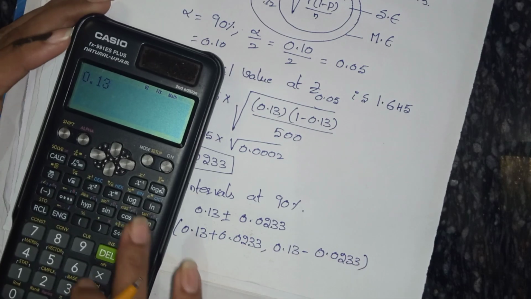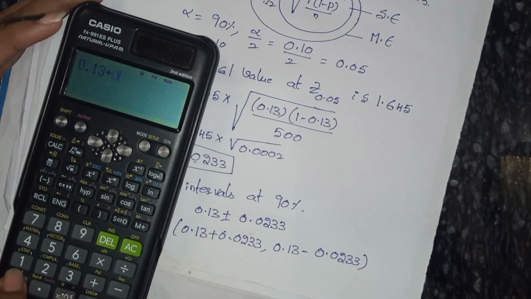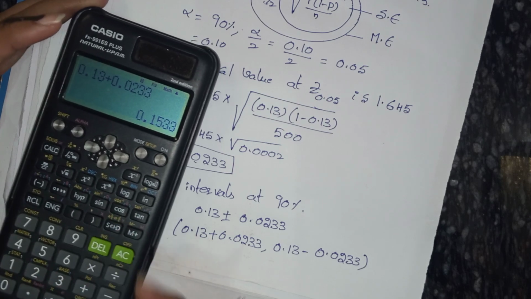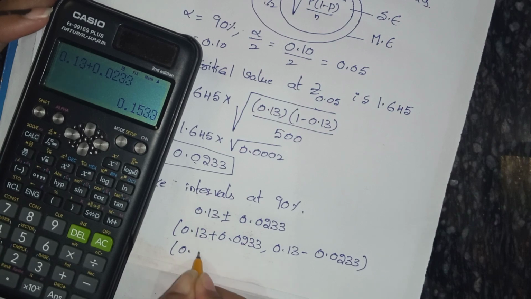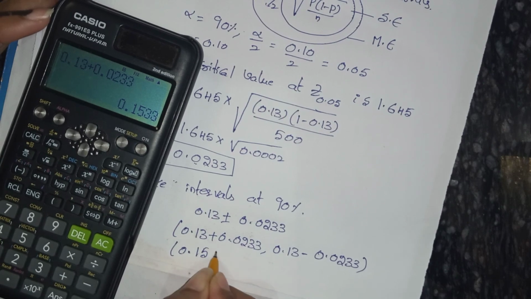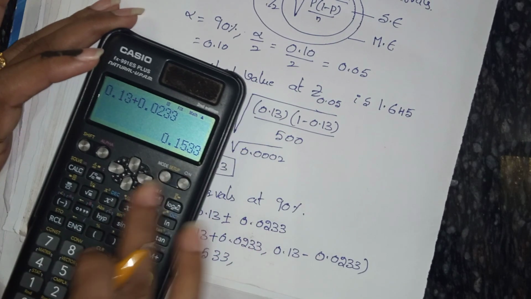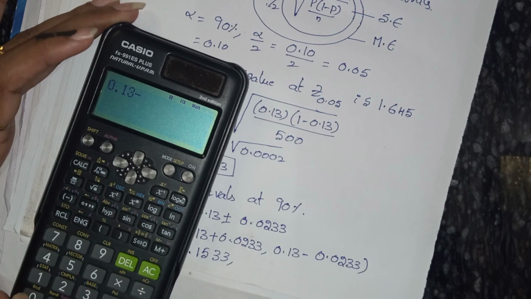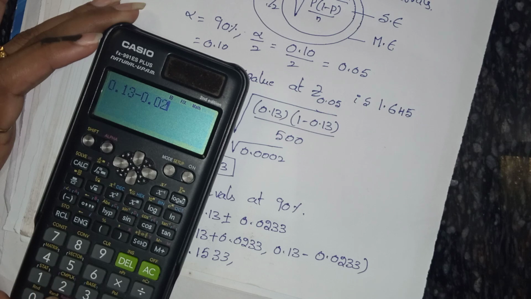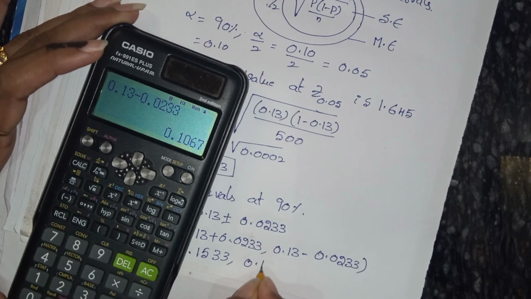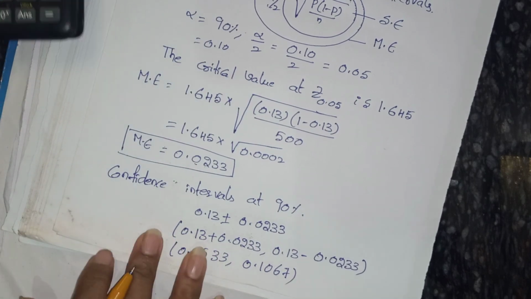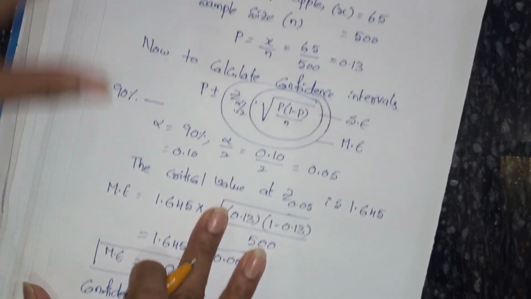So 0.13 plus 0.0233 equals 0.1533, comma, 0.13 minus 0.0233 equals 0.1067. These are the confidence limits at 90% for this problem.